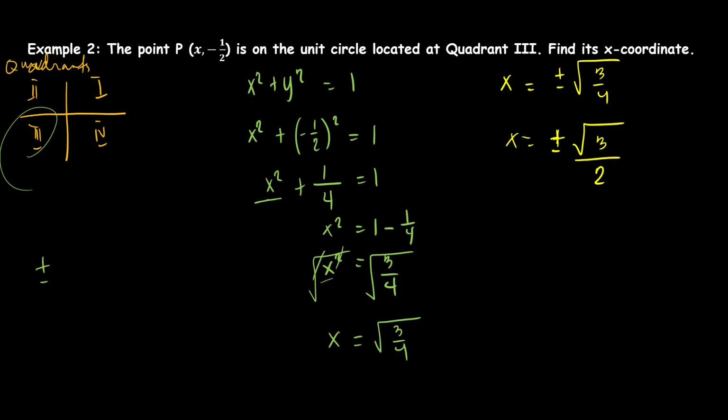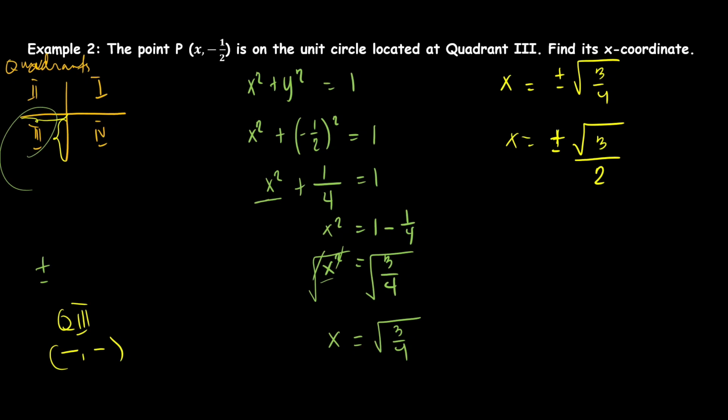But since the point is in quadrant 3, the x-coordinate must be negative, right? Because here this is a negative number, and here also a negative number, because quadrant 3 is composed of both negative numbers.